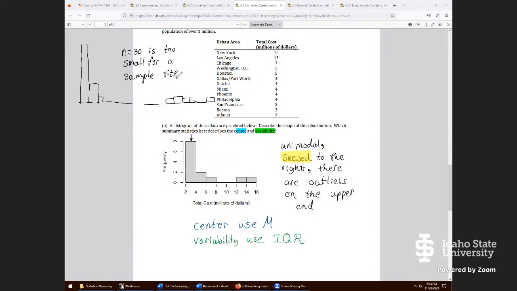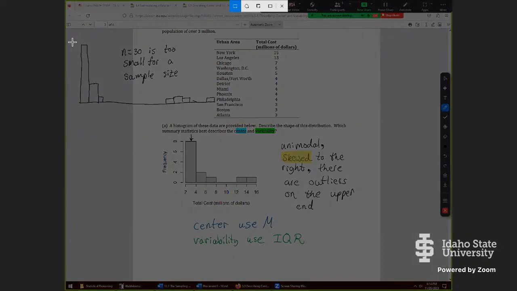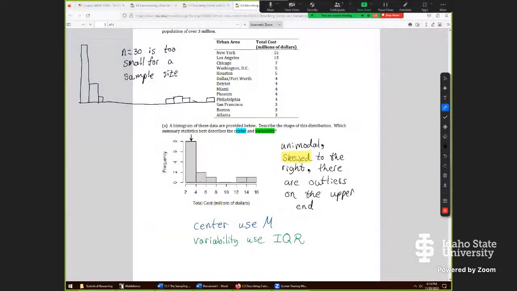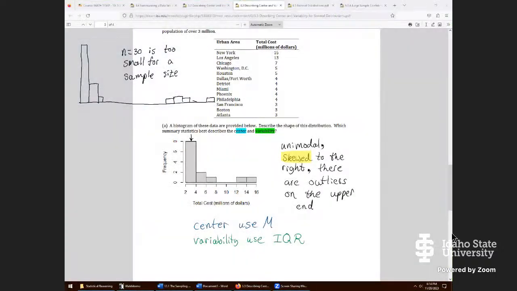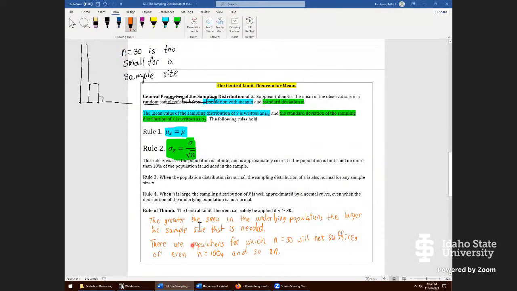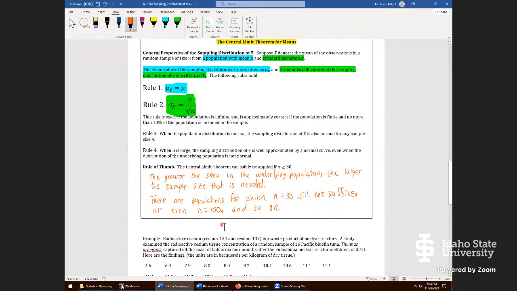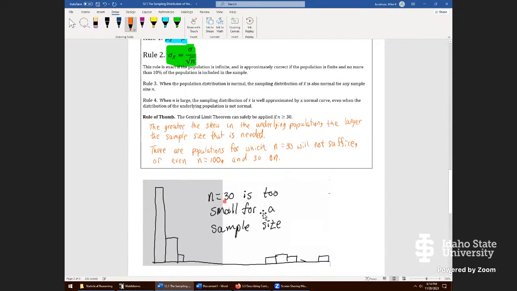For these kinds of data, we might need something around, let's say, a sample size of 200 or something even larger to compensate for the amount of skew that we see here. So let's take this, and just to connect that thought, let's put it down in this document here as well. So if we have too much skew, then our rule of thumb does break down.